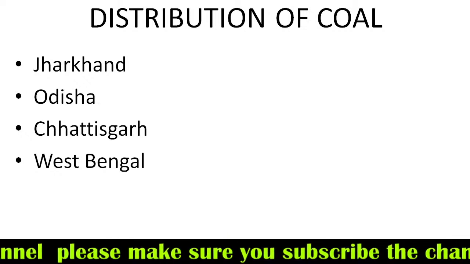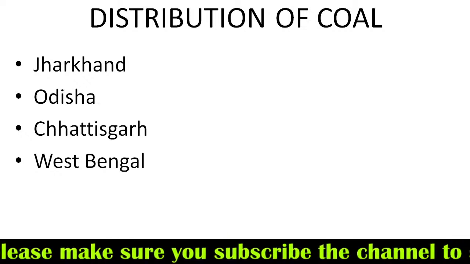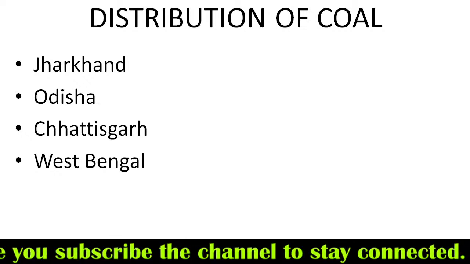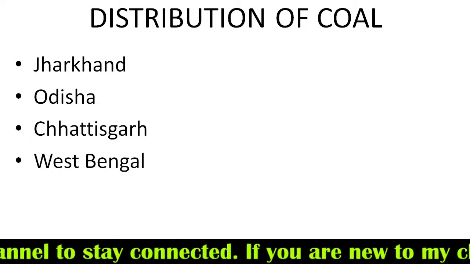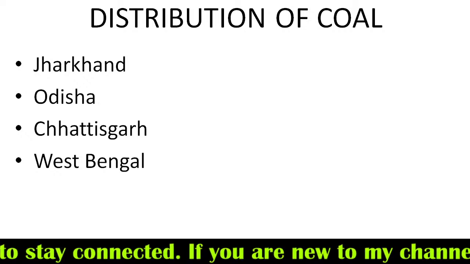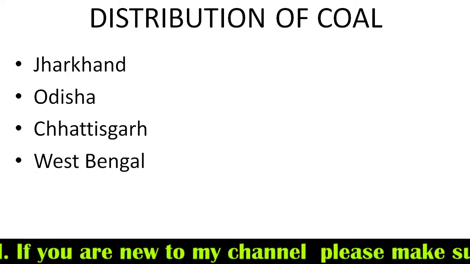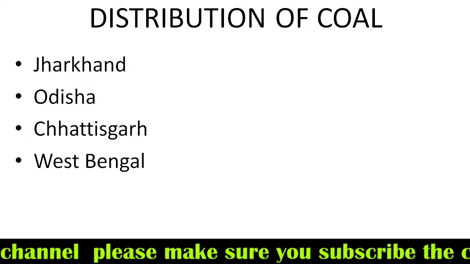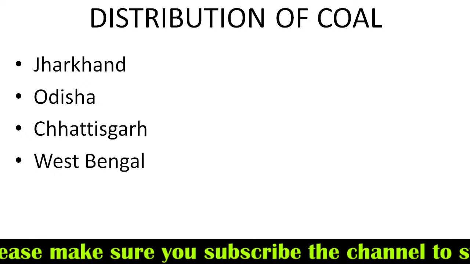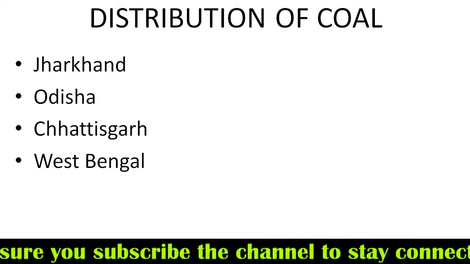So this is extended to Jharkhand and West Bengal, and it is the largest coal reserve in India. You see, here I am talking about coal producing regions. Then Damodar Valley coalfield is the largest coal reserve.